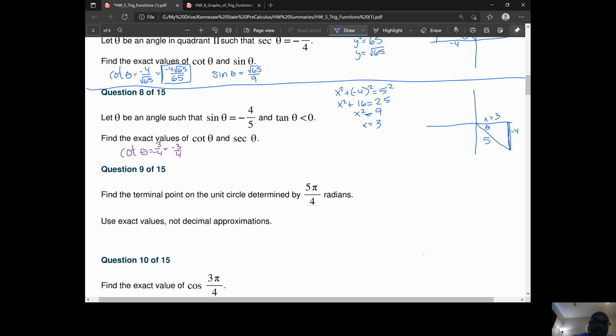All right, and the secant of theta, if cosine of theta is adjacent over hypotenuse, then secant is hypotenuse over adjacent, which is 5 over 3. Let's do more.